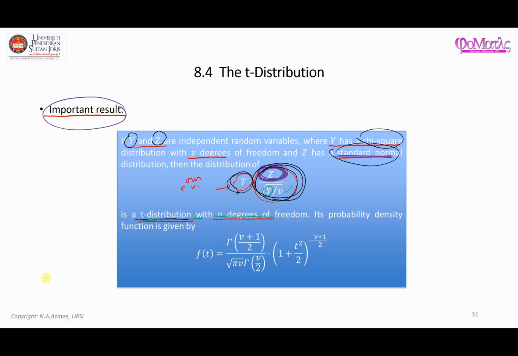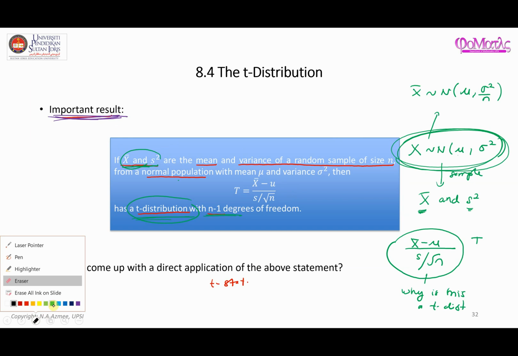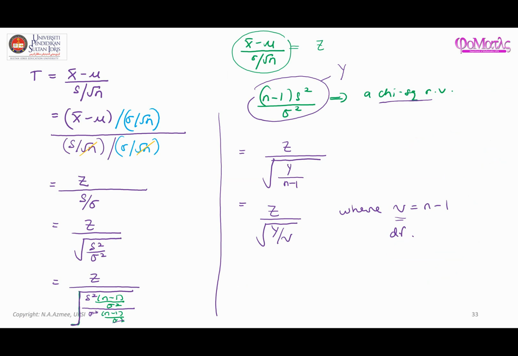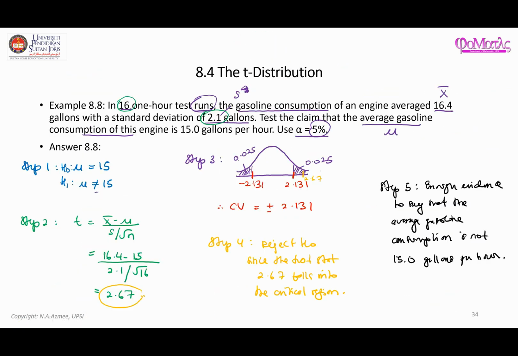This result is translated into what you are seeing right now. The formula is quite familiar because we have seen it in hypothesis testing before. Why does it have a t-distribution? I have shown you how that can happen on this page, and the application of this formula can be seen in this example.